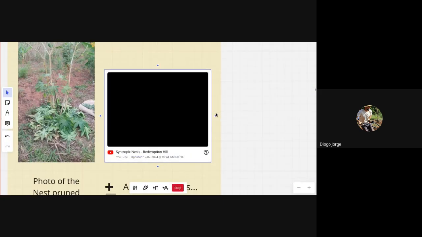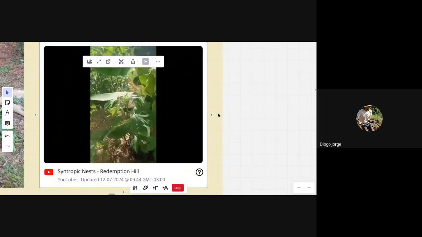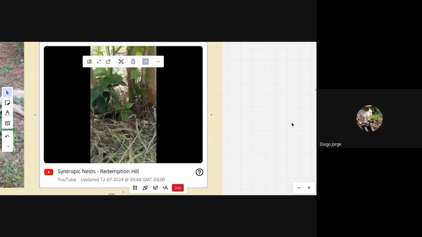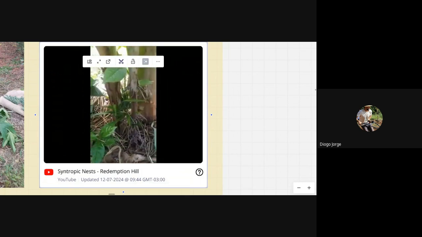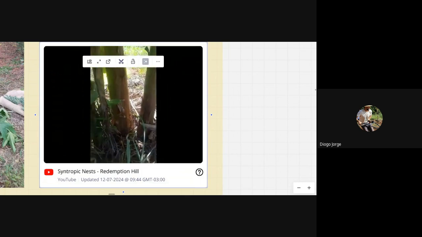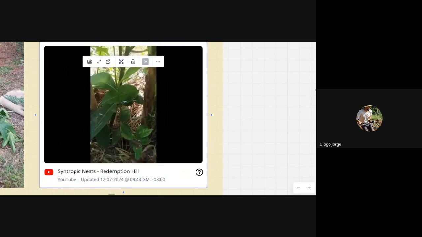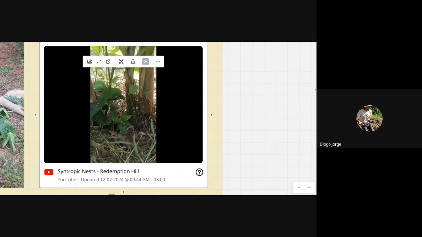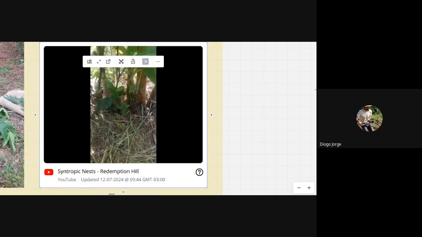Some of you may have seen this before, but it shows a nest and the shades and the seedlings, the baby trees that germinated, taking advantage of this microclimate, the shade and the humidity, while around it it's sunny and dry.